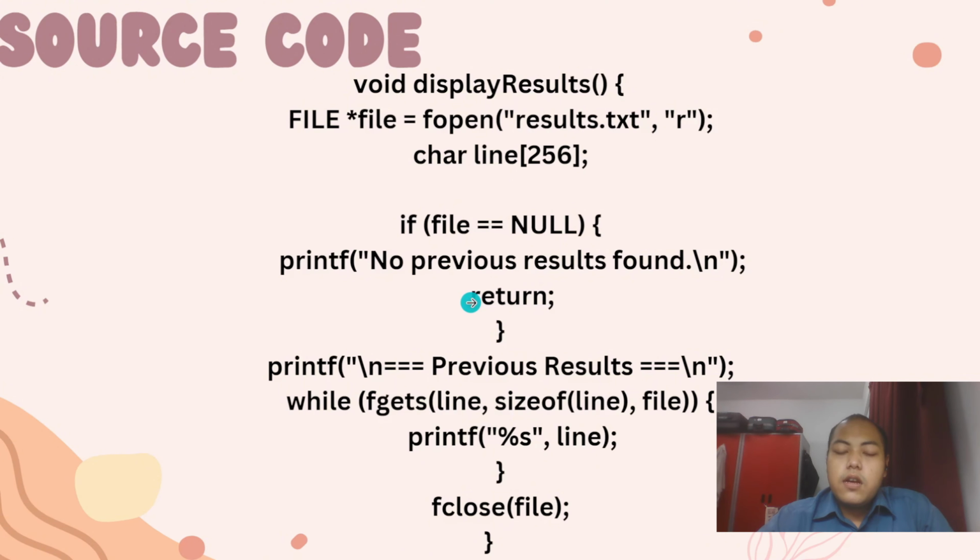If the user has not input anything in the program, it will show that no previous results were found. And if the user did input data, it will show the previous results of what the user already entered.